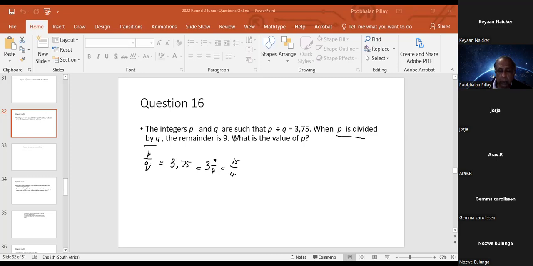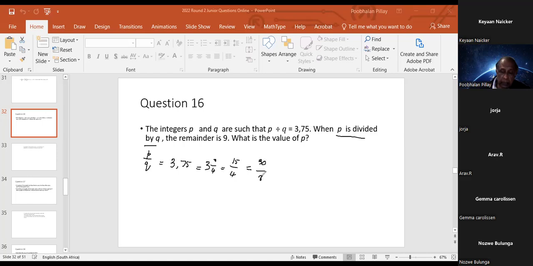Right, so what went wrong? What went wrong is that there are many ways in which you can write 15 over 4. As we said earlier on with ratios, you can multiply that by 2, and this is still the same thing, P over Q is 15 over 4 if you simplify this.